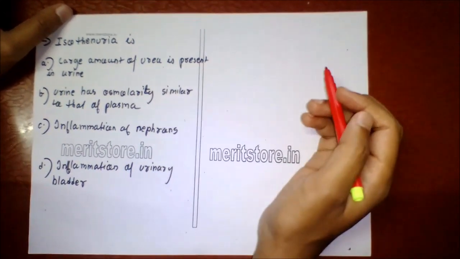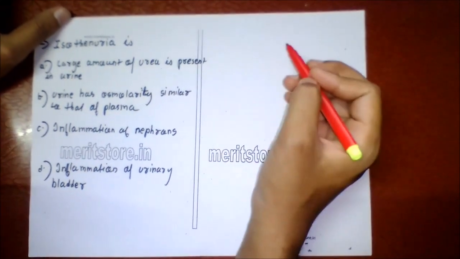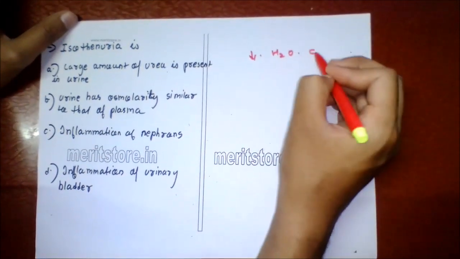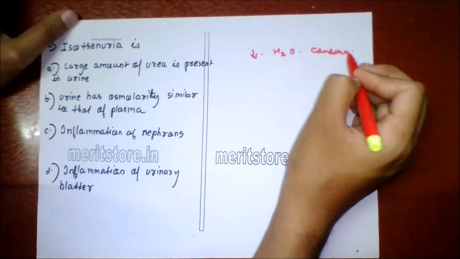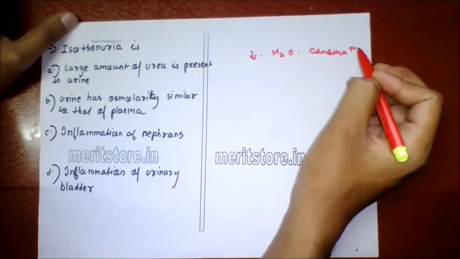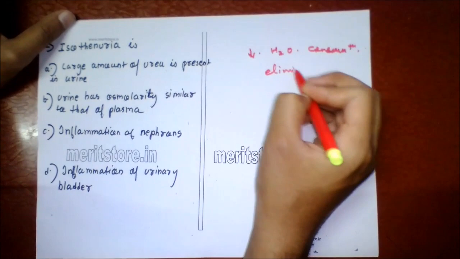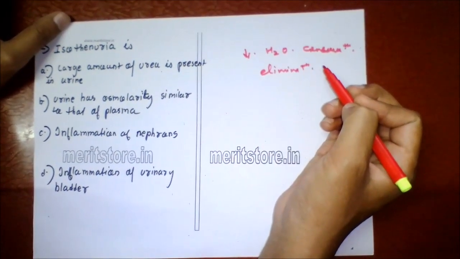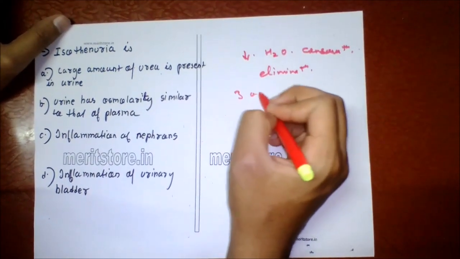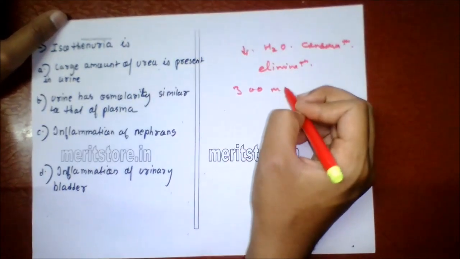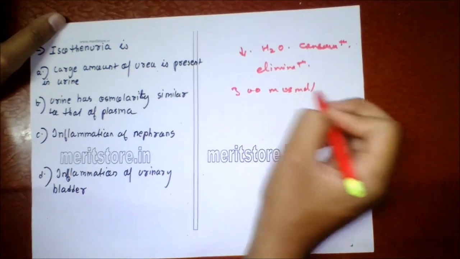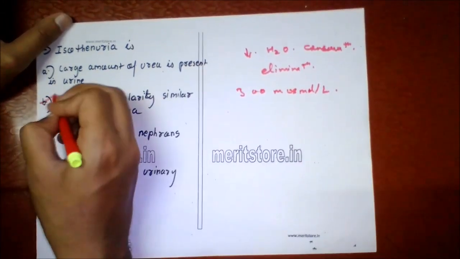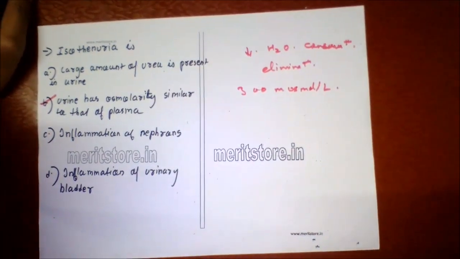So in case of reduction of functional nephrons, there is a decrease in water conservation and elimination by the kidney, so that urine has osmolarity similar to that of plasma, that is 300 milliosmol per liter. Such a condition is known as isothenuria. So option B is the correct answer.